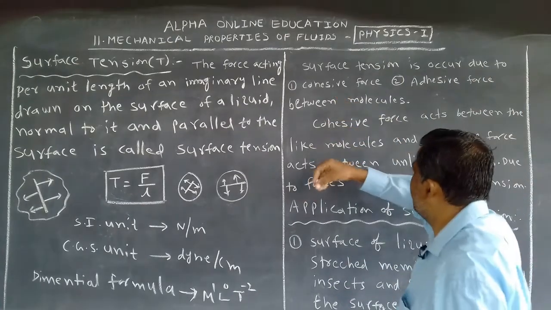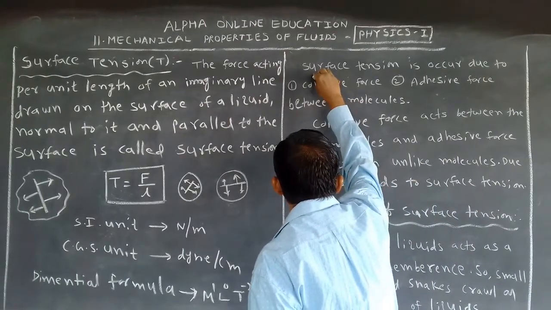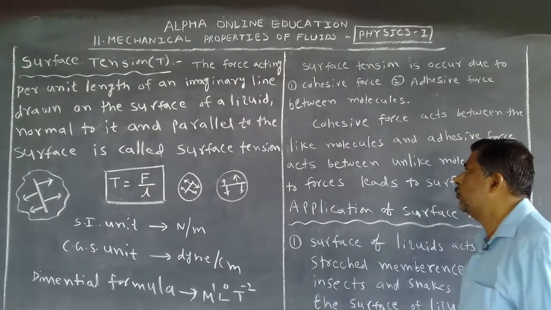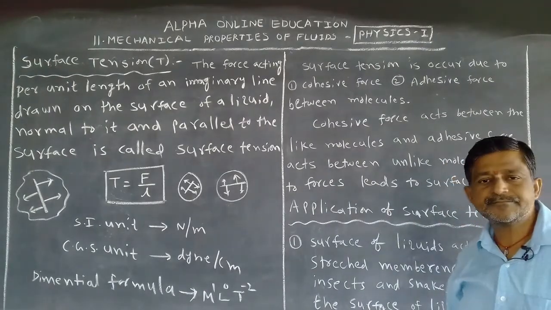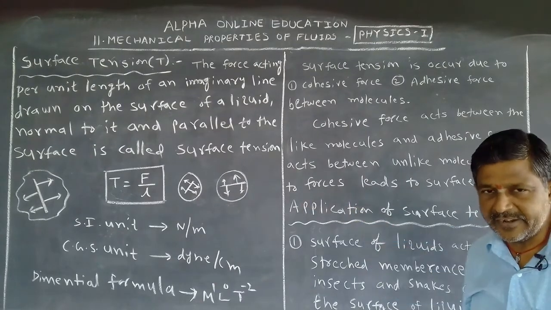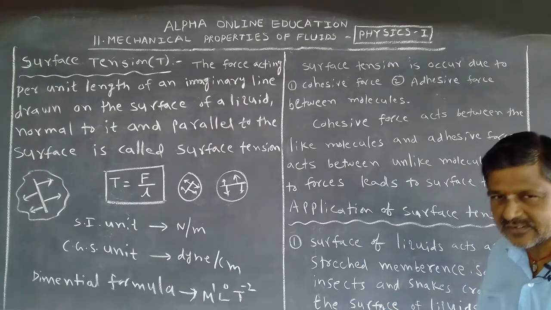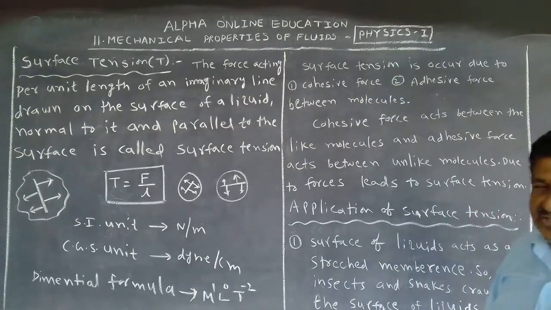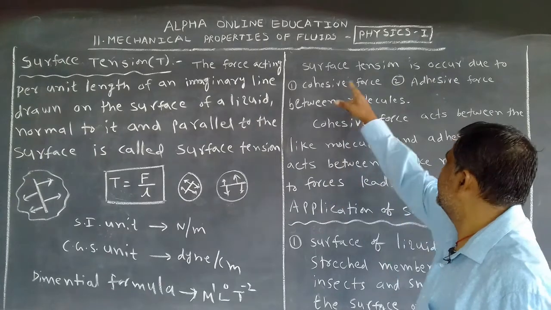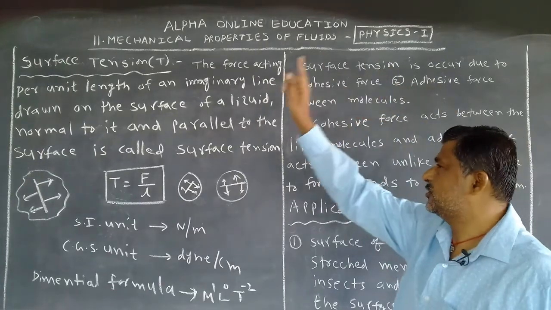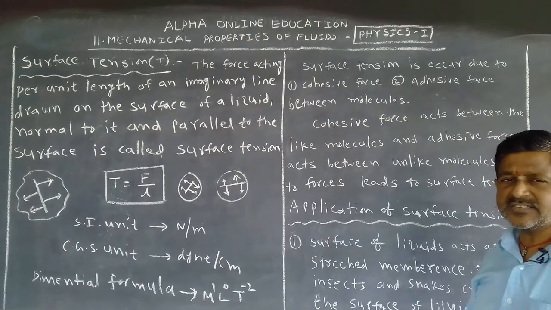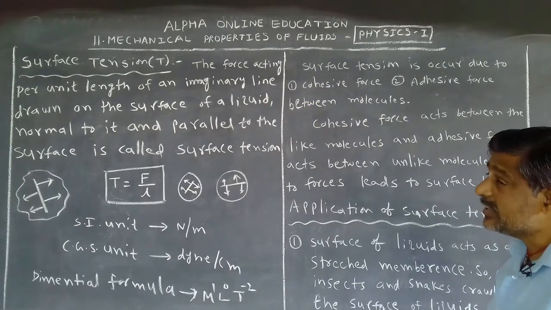One is cohesive force, another is adhesive force between the molecules. Why does only the surface of the liquid have this nature, like the force acting perpendicular to the imaginary line? Because of two forces: one is cohesive force, another one is adhesive force between the molecules.